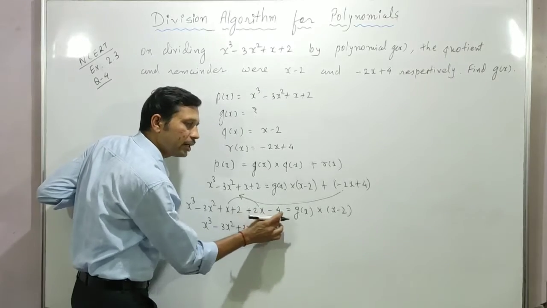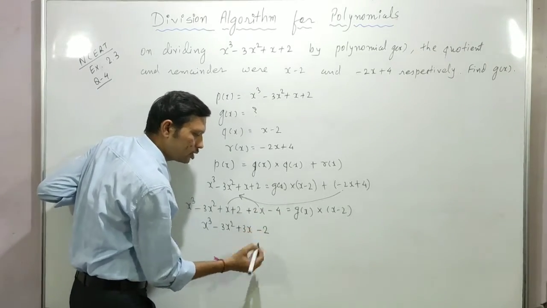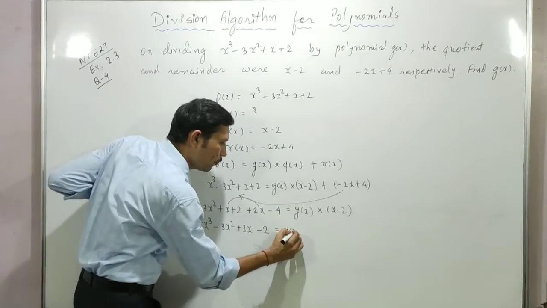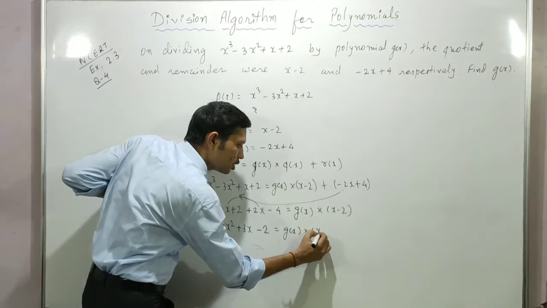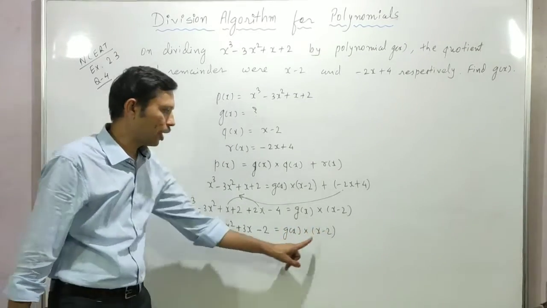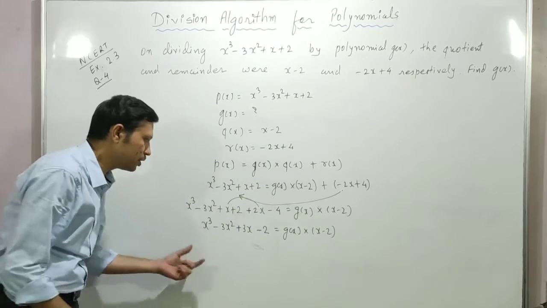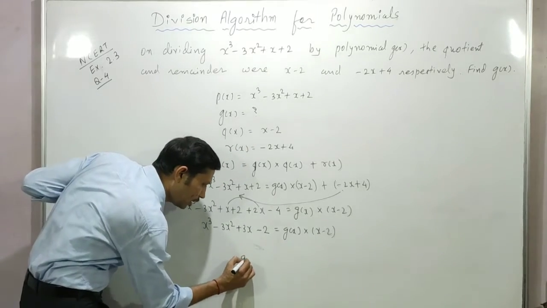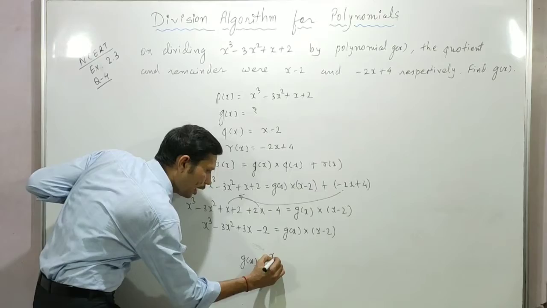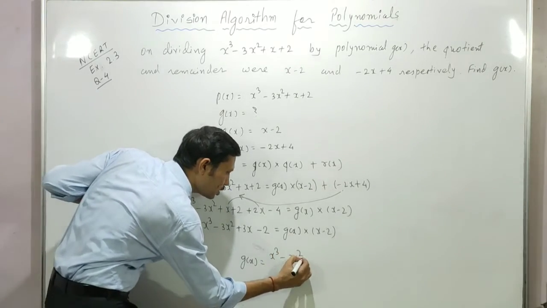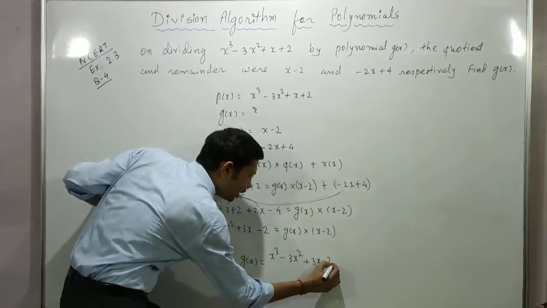And the sign of the greater term, that is 4, and it's a minus. And g of x multiplied by x minus 2. So x minus 2 goes from multiplication to division. So g of x can be written down as x cube minus 3x square plus 3x minus 2.